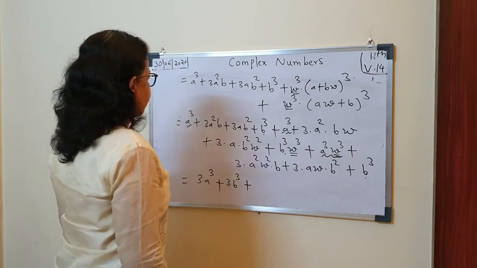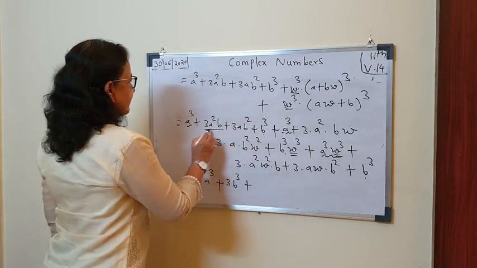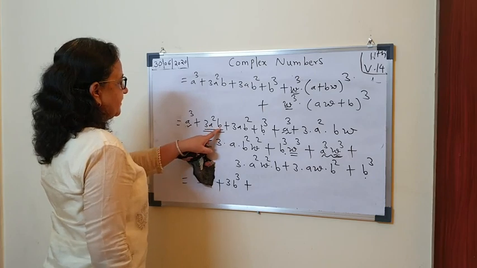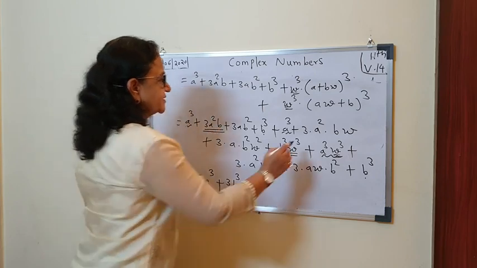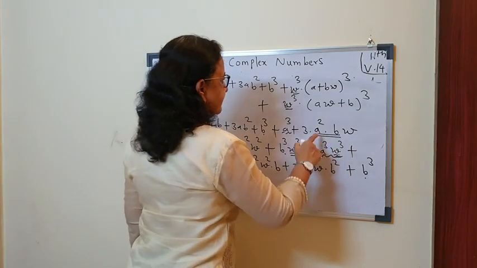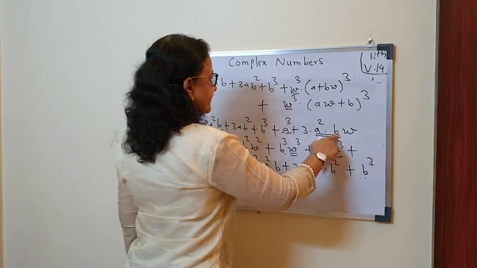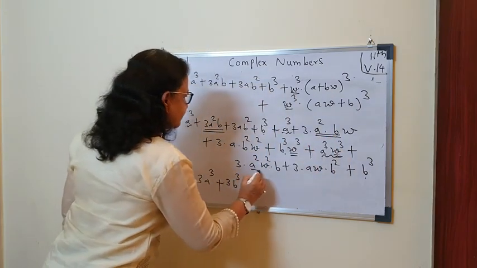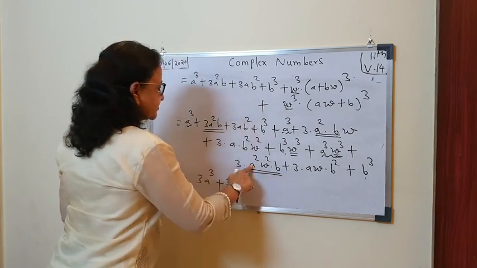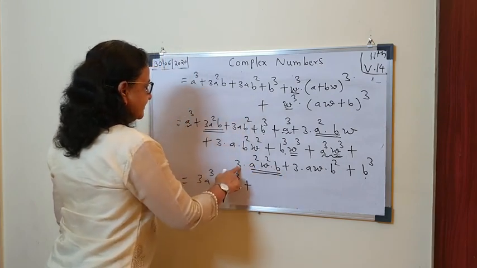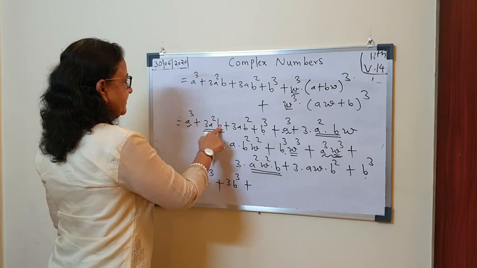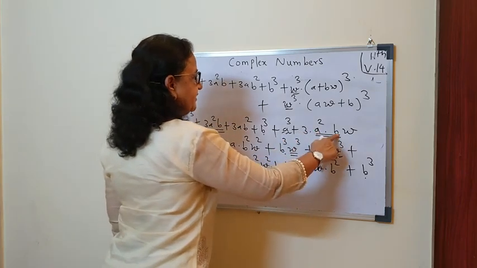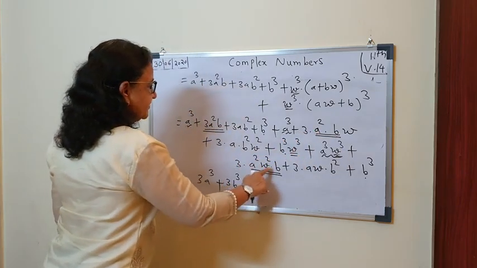Now, 3a square b. Observe, a square into b. Where else you can find this term? Observe here. a square into b. Again 3. One more term somewhere you will get here. Observe. a square into b. Again 3. So 3a square b, 3a square b, 3a square b.